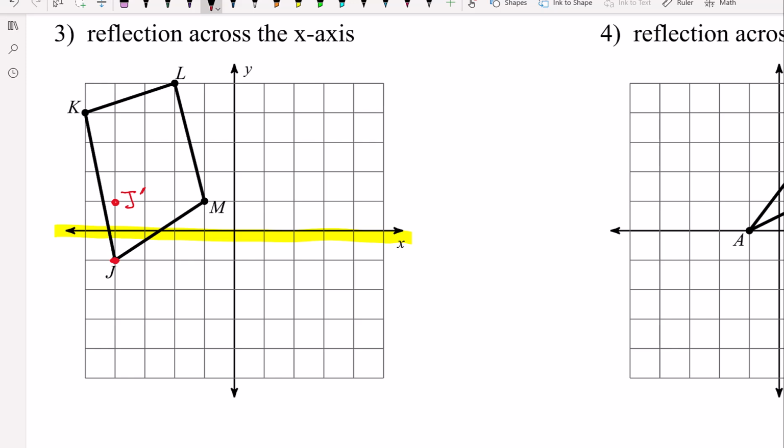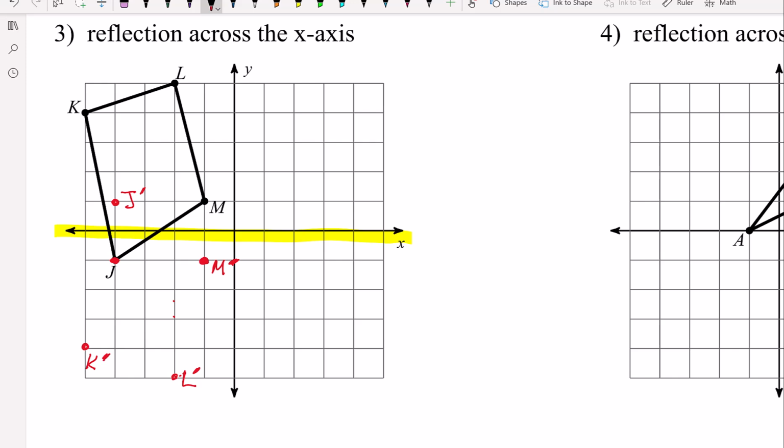For M, it's 1 away from the x-axis. You go 1 away on the other side, and that's M prime. For L, we were 1, 2, 3, 4, 5. So from the x-axis, we go 1, 2, 3, 4, 5. This would be L prime. And for the K, we're up 4. So from the x-axis, we go down 4.